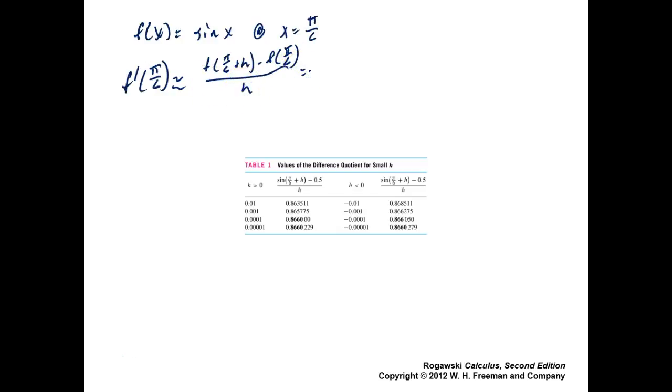Okay. Now what's our f? Sine. So this will be sine of pi 6 plus h, and what is sine of pi over 6? Very good. 0.5. Saves me some writing there. Over h. Okay? And that's what we're going to evaluate to see approximately what that derivative is.